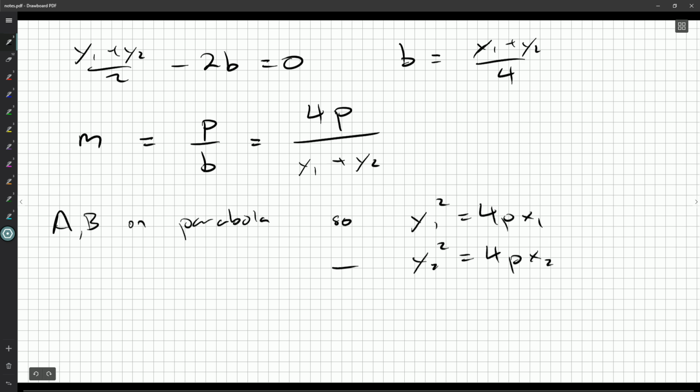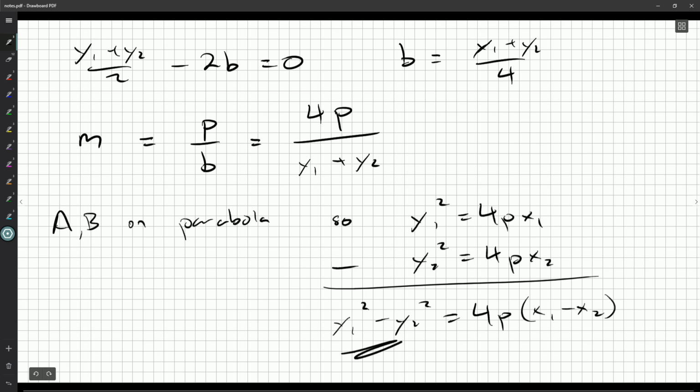Oh, if I subtract this equation from that, I'll get 4p times (x1 minus x2). So we got the makings, because this is difference of squares over here. So we've got the makings of the rise over run. So m is 4p over y1 plus y2. But 4p is (y1 squared minus y2 squared) over (x1 minus x2).